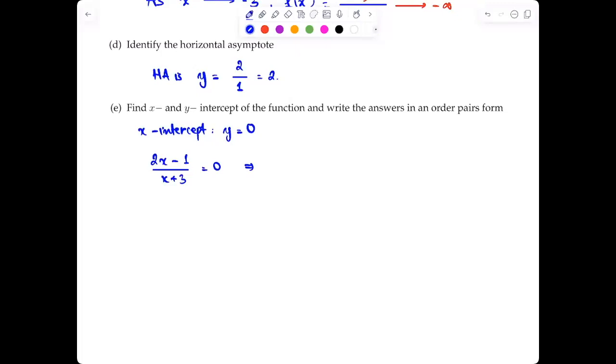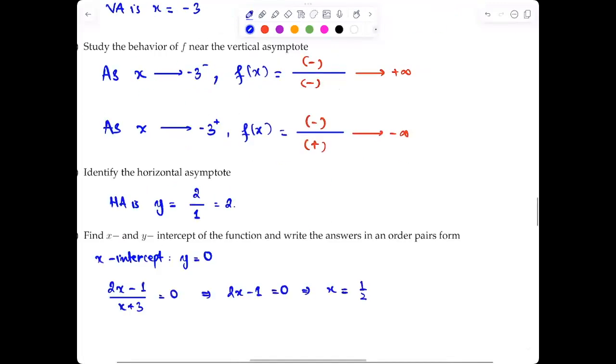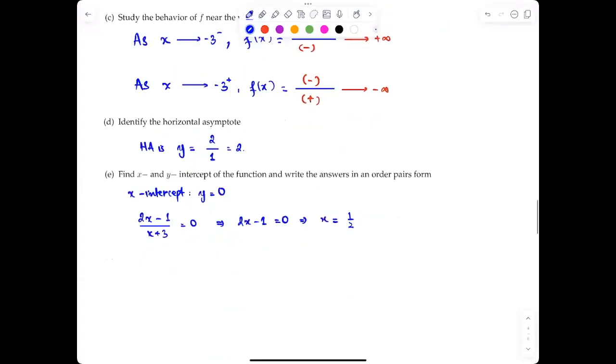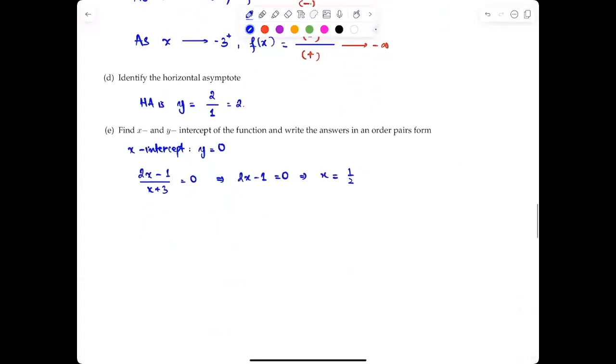Just set 2x minus 1 to 0 and solve for x. So x in this case is equal to +1/2. Right, so the x-intercept is 1/2 comma 0.